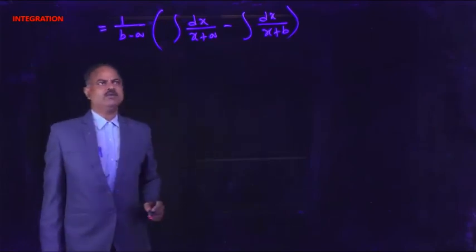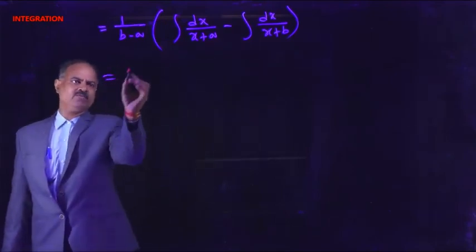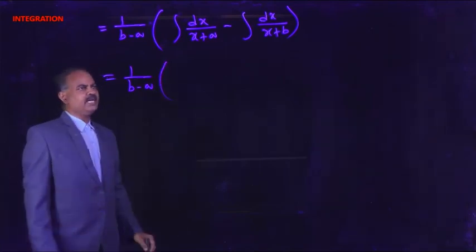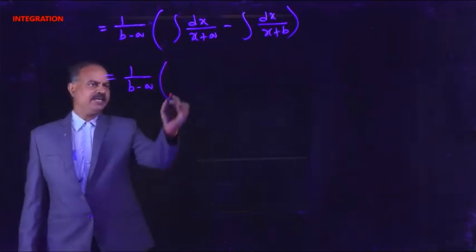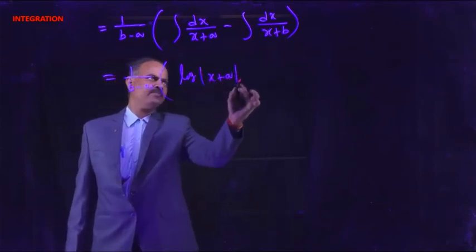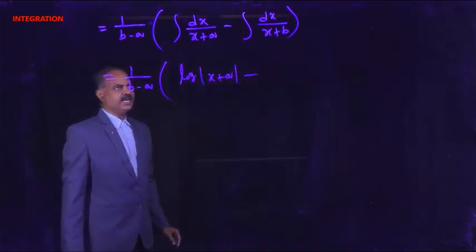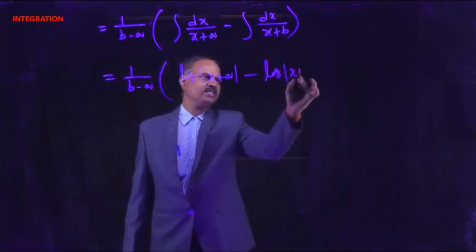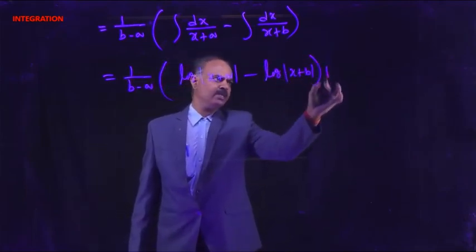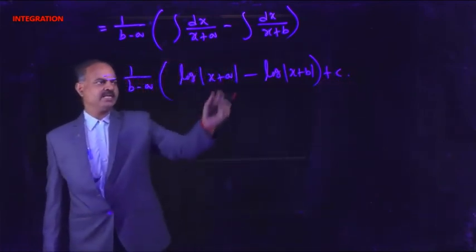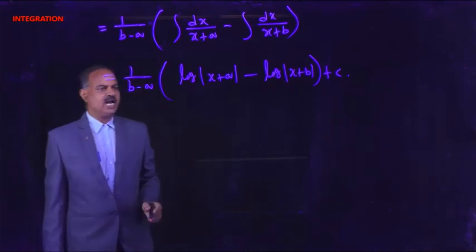Now this is equal to 1 by (b minus a) into integral dx by (x plus a), that is equal to log modulus of (x plus a), minus integral dx by (x plus b), that is equal to log modulus of (x plus b), plus integration constant C. Now this is of the form log a minus log b, write log a by b.